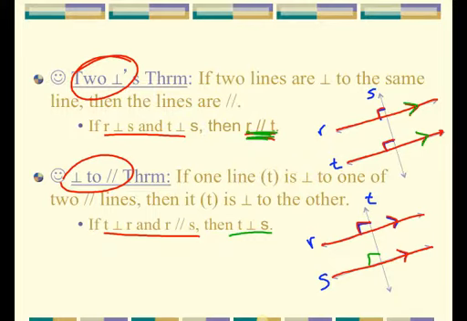So if both of those angles are 90 degrees, then those two lines, T and S, have to be perpendicular. Those can be confusing, and like I said, this might actually be a good case where you just go ahead and memorize those two. But if I could give you a hint about memorizing them, it's that they're named for the antecedent. The given information is how you're going to associate that name and tie that together.